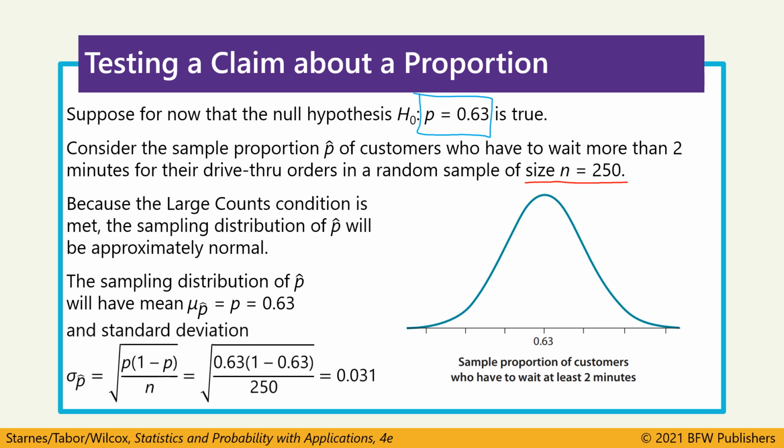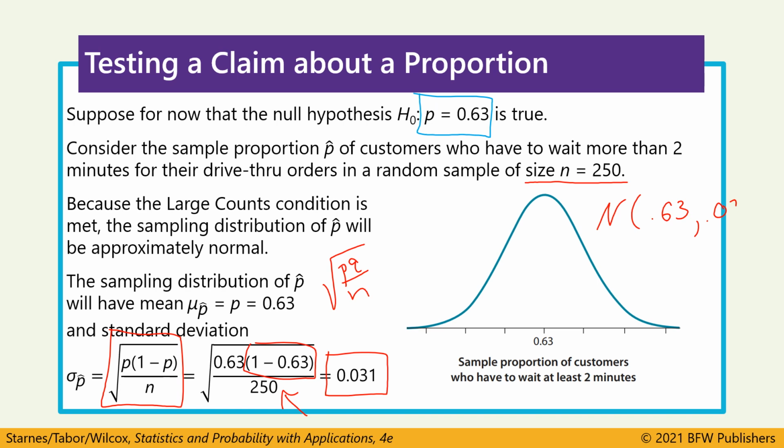So we're going to use that equation back from chapter 7 when we learned about sampling distributions. We wrote it as the square root of PQ over N. So we plug in that 0.63, 1 minus that 0.63, sample size on the bottom. That all goes inside a square root, and we get the standard deviation for this curve. So our normal curve is centered at 63%, and it has a standard deviation of 3.1%.